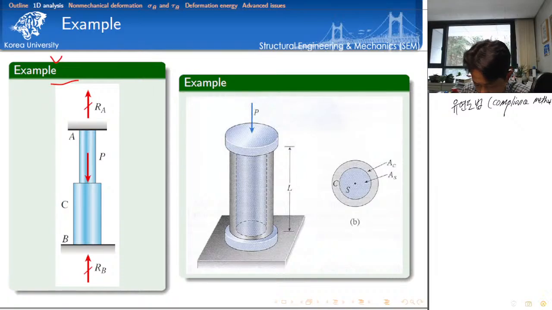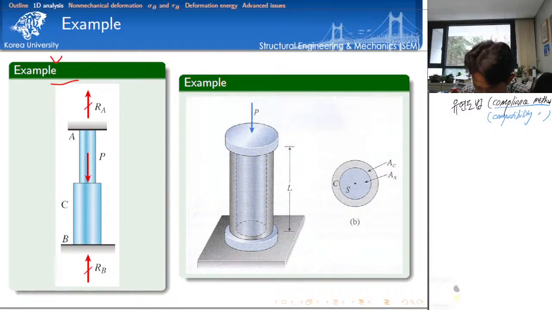Or actually, personally thinking, the compliance method does not count the nature of this method. We have to say that compatibility method. Compatibility, that's better.